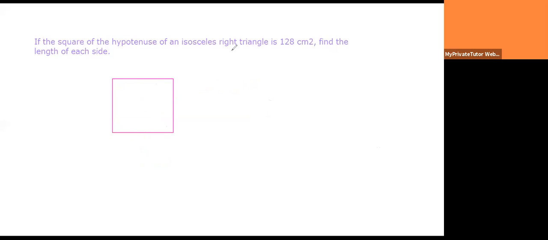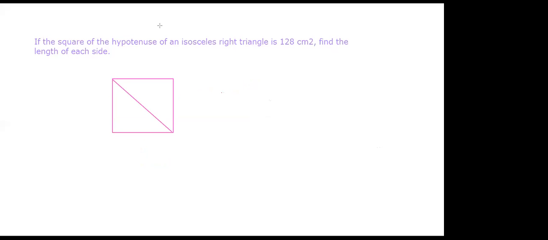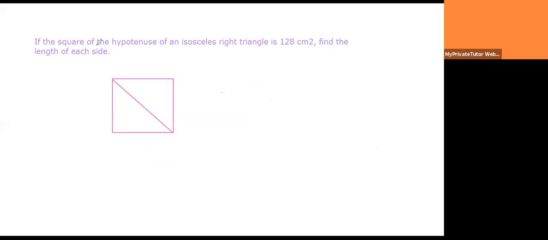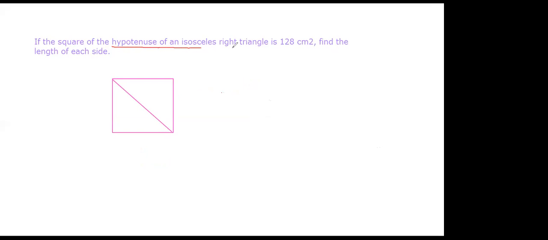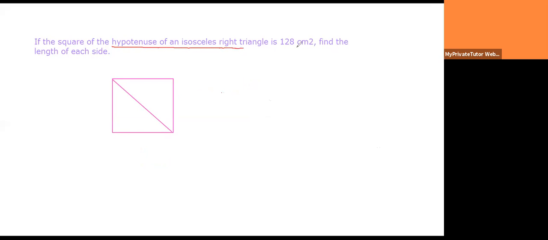Okay. So let me tell you in a different way then. Please read the question again, guys. If the square of a hypotenuse of an isosceles triangle is this one. So which means, oh sorry, they haven't given the area.